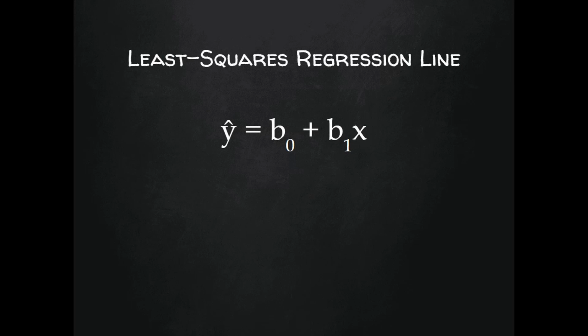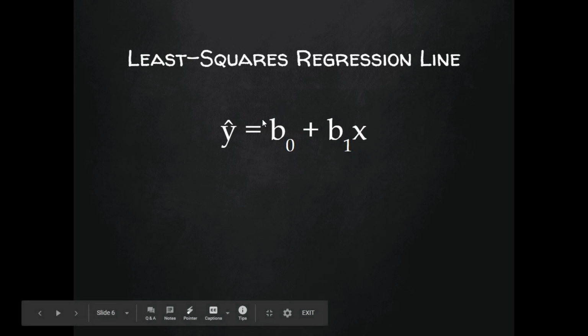Now, we're going to talk more in 10.2 about least squares regression, but you'll recall that we have a linear model that we built to help describe these linear relationships. Y hat equals b0 plus b1 times x. Here, b0 is the y-intercept, and b1 is the slope.